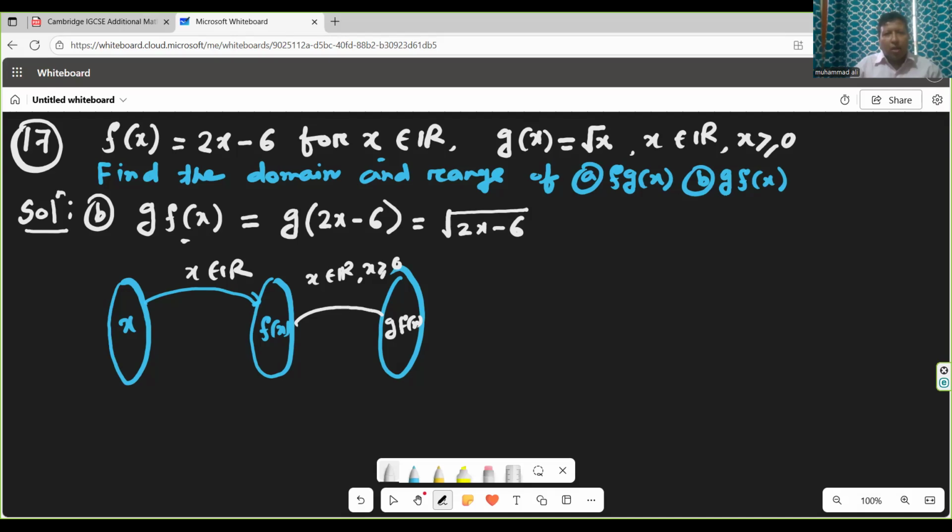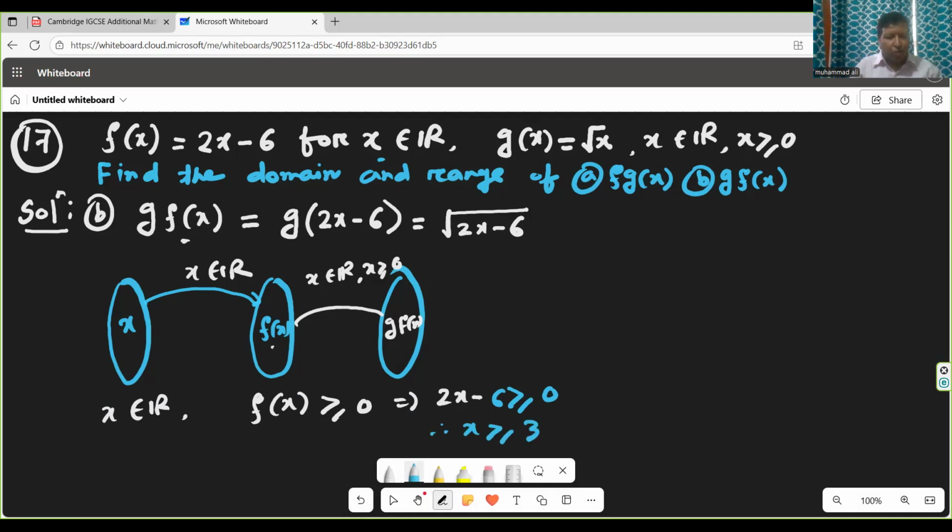So in gf(x), we have to put f(x) instead of x. So we will write here f(x) greater than or equal to 0. So f(x) is 2x minus 6 greater than or equal to 0. From here we get x greater than or equal to 3.